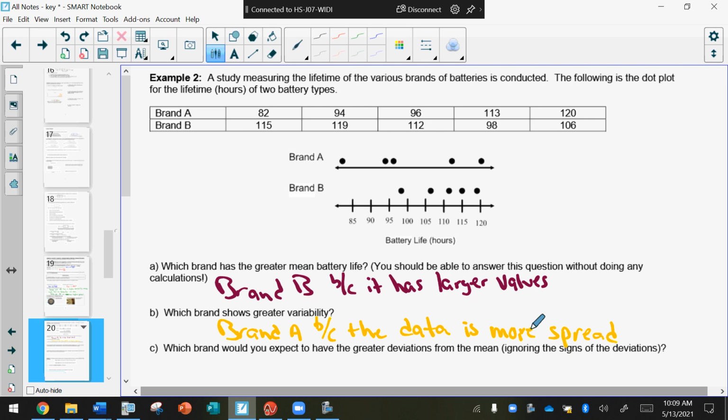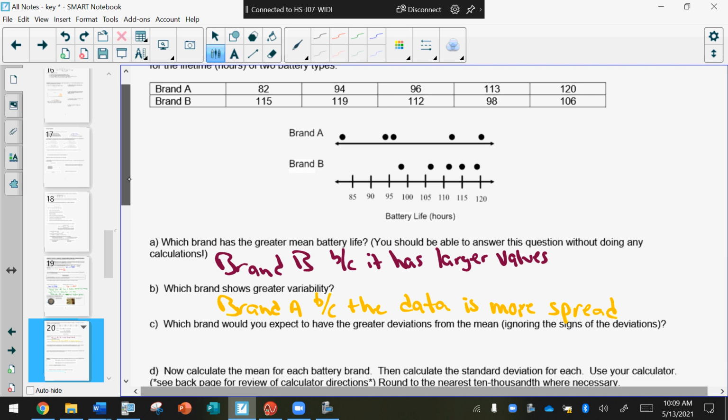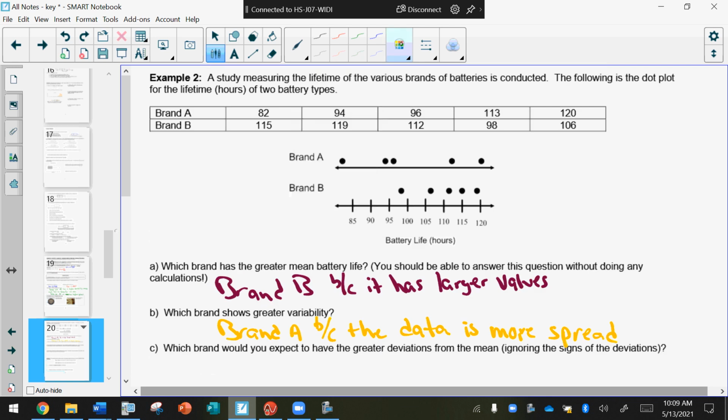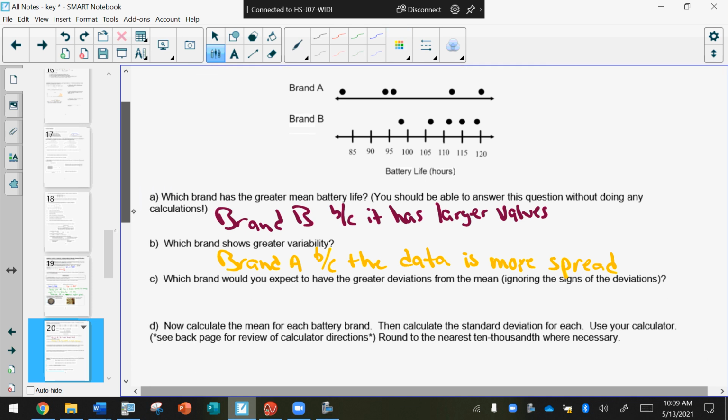In other words, which one would you guess would have a higher standard deviation? You would get the answer by looking at which one's more spread out. Variation or deviation from the mean is talking about which one's more spread out.